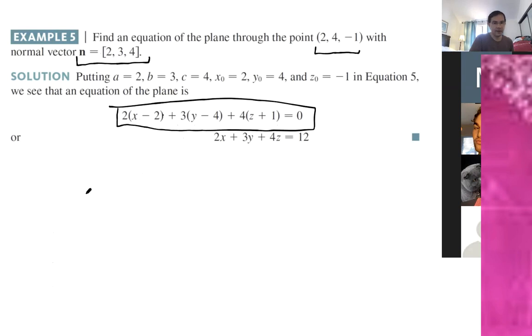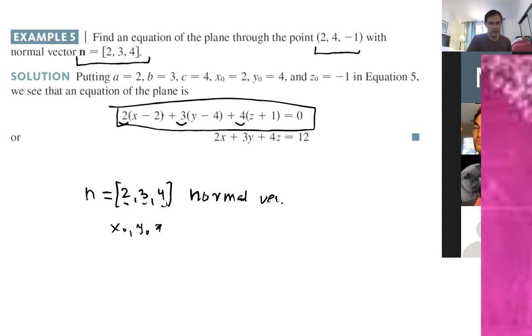The normal vector n was 2, 3, 4, so we use those components A, B, C, in this example 2, 3, 4, and put them here. This is the first one, 2, the next one, 3, and the last one, 4. And then we also have the given point x0, y0, and z0.